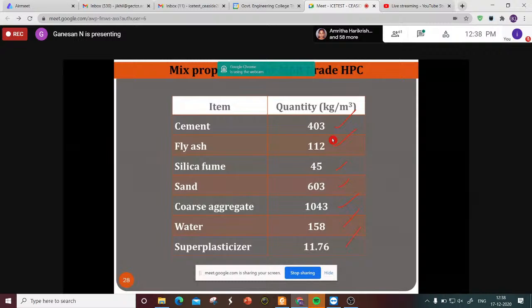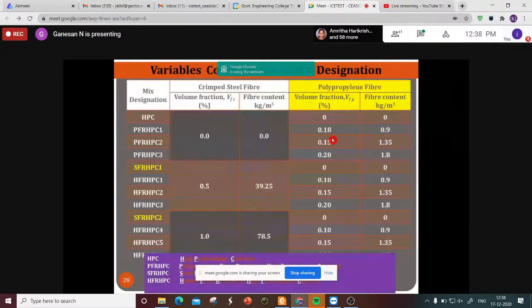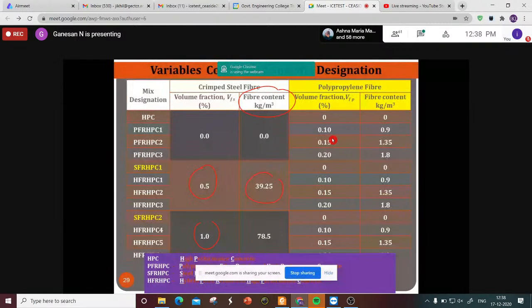The variables considered in this study: crimped steel fiber volume fractions of 0.5 and 1%. And when you put 0.5%, how much quantity of fibers are you adding? So that also we have given as fiber contents: 39.25 and 78.5 kilogram per meter cube. So in one meter cube of mix, so much fiber has been added.